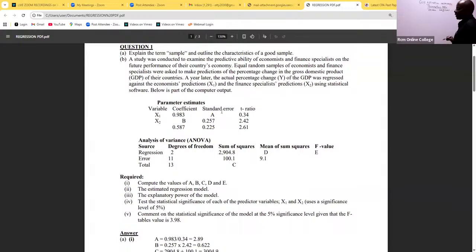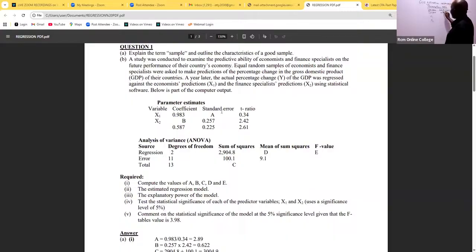I have standard error, and we have the T ratio. Okay, so constant is what was missing. And then now we have x1, we have x2. Just allow me to finish copying this down.